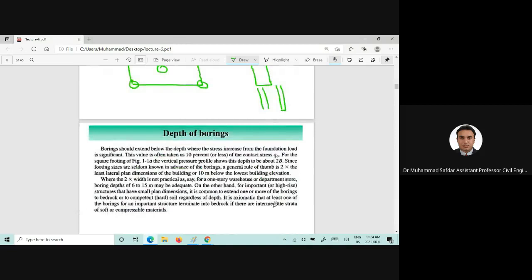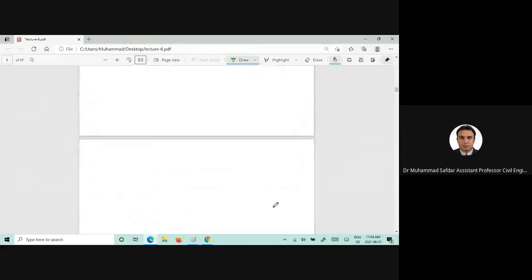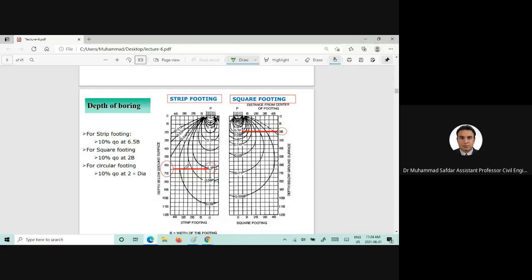Now, the depth of the boring is important, and it has been discussed here that for a strip footing, we can go for 6.5 B. There is a reason: the stress is applied here, and it is higher just beneath the foundation, and as we go along this depth, the stress increase will be equal to 10%.